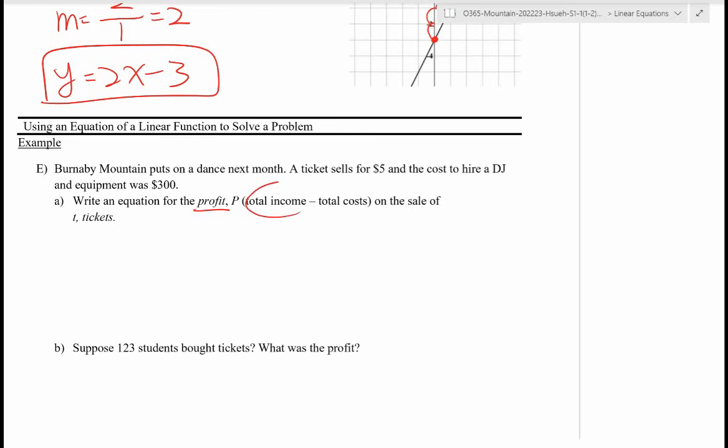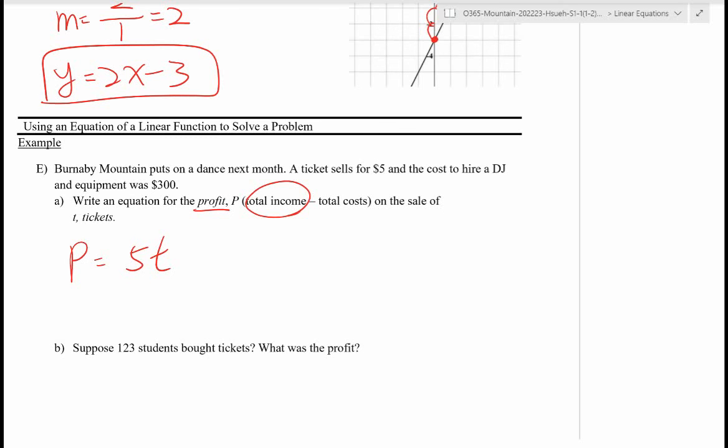To find the total income, the more tickets I sell, the more money I get. Each ticket is $5, so the total income is 5T, 5 times the number of tickets that we sell.